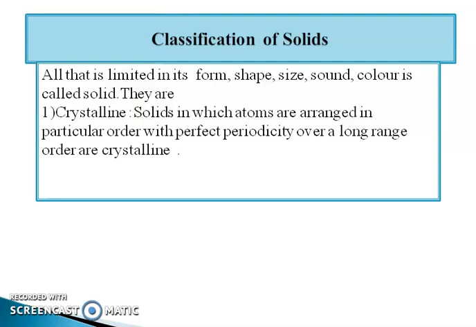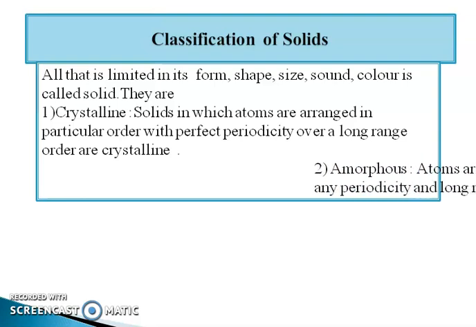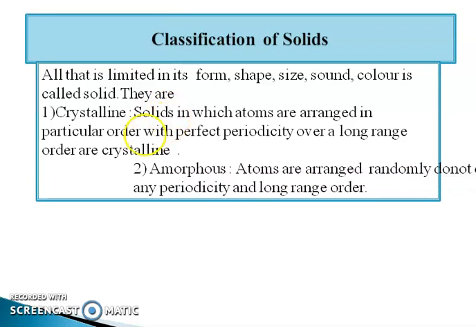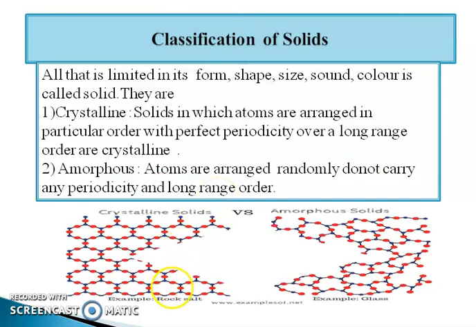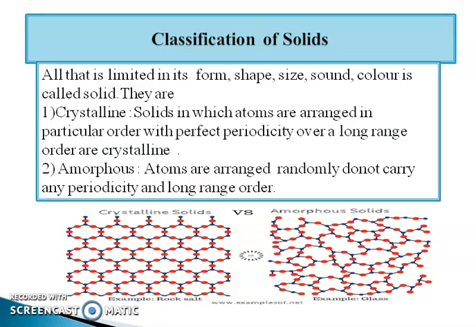Such substances are called crystalline solids. Next is amorphous. In amorphous solids, atoms are arranged randomly and they don't carry any periodicity and also not long range order. This we come to know if we observe these figures carefully.